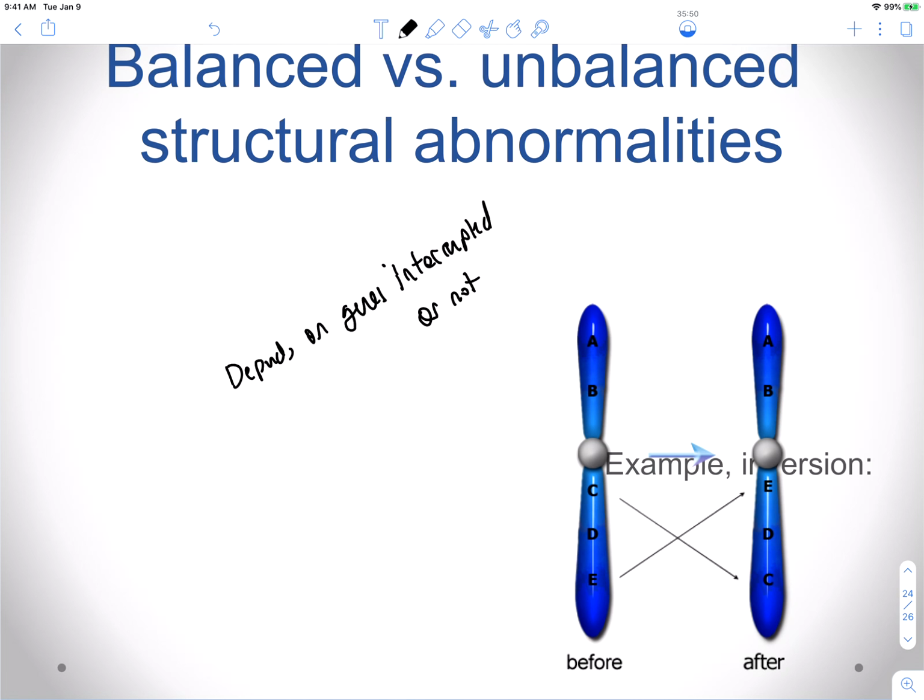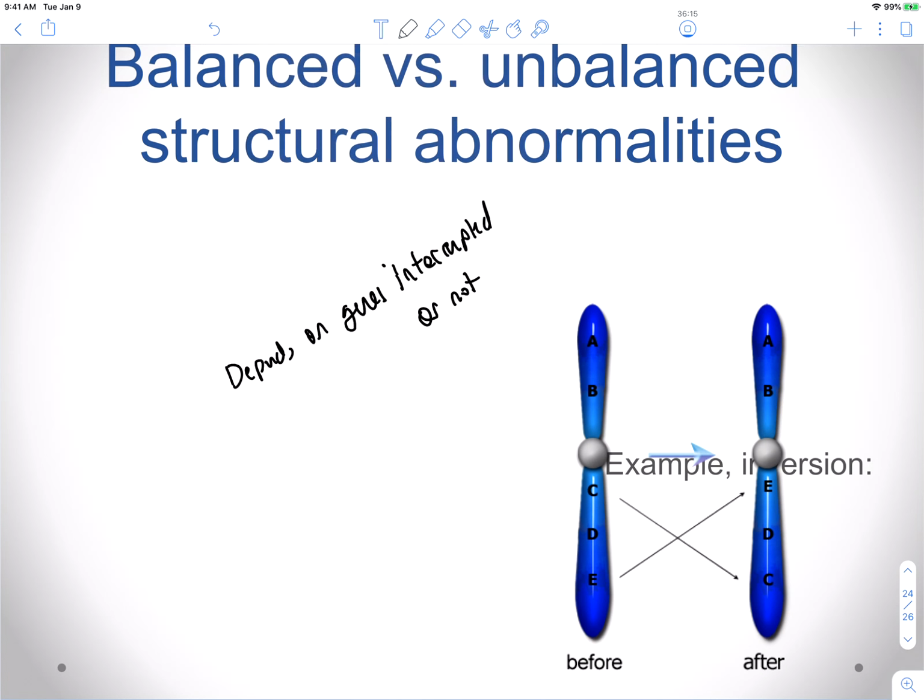So for balanced, you're going to have rearrangement of genetic material, no loss or gain, and this occurs, for example, when we have UV radiation. We get 2 breaks in our chromosomes, and then the fragment can turn 180 degrees and then religate itself. So that's what's shown here.